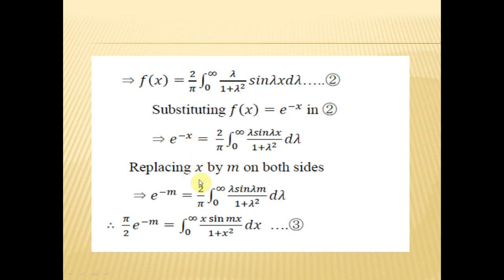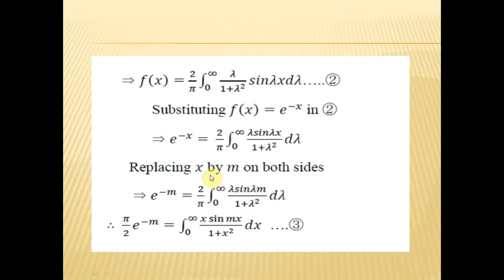Now replacing this x by m to achieve the desired result, it becomes e raised to minus m equals 2 by pi integral 0 to infinity lambda sine lambda m divided by 1 plus lambda square d lambda.